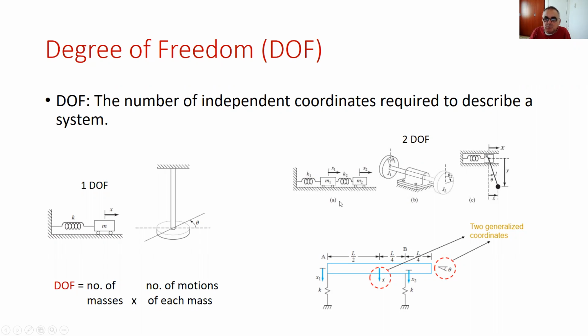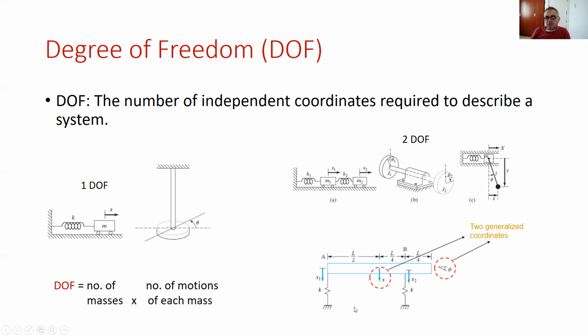Now we will go to something more complicated. For example, a system with two masses or two inertias, or a mass and a pendulum, in which we require two coordinates to describe the motion. For this mass and pendulum, we require x for the position of the mass and theta for the pendulum.